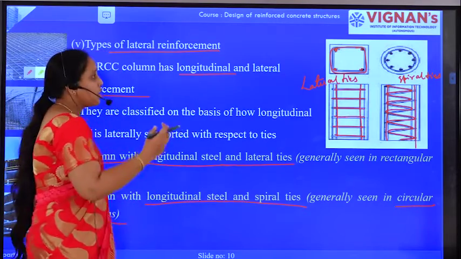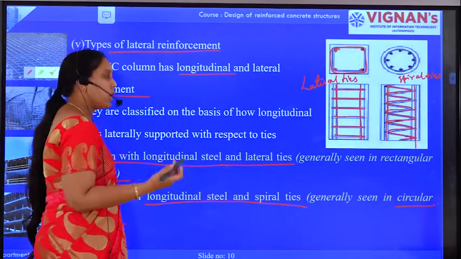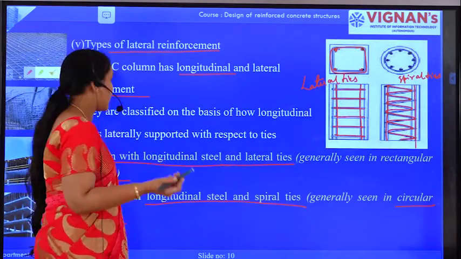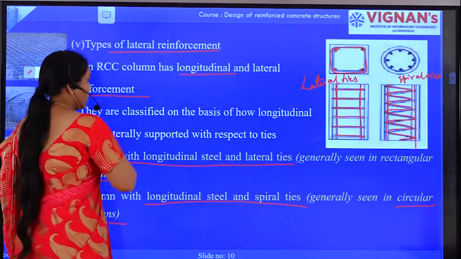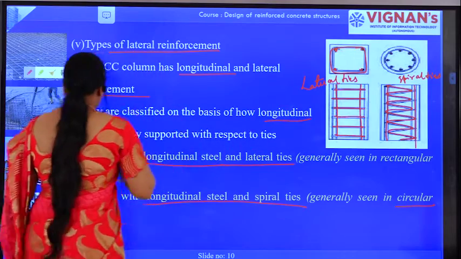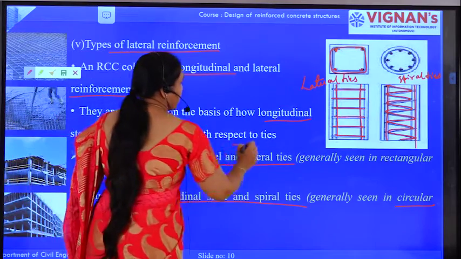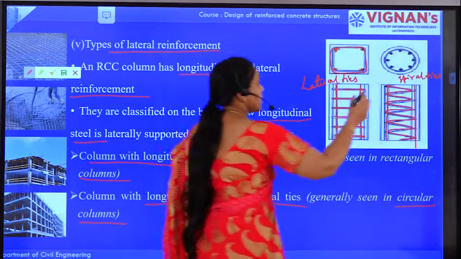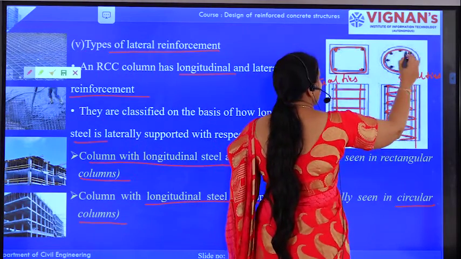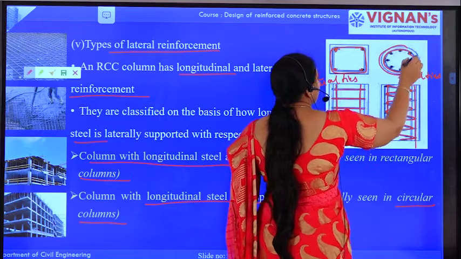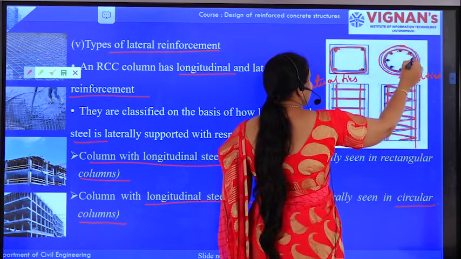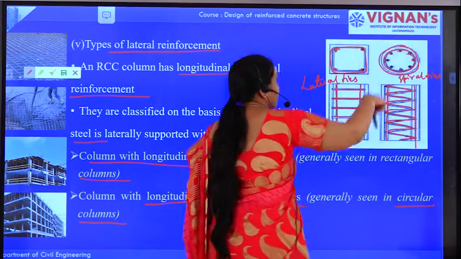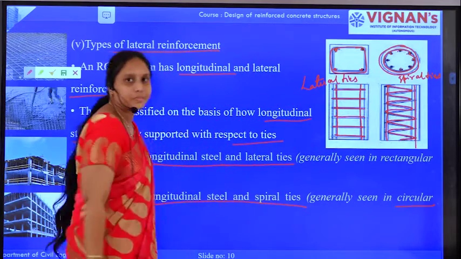So the columns are generally reinforced with longitudinal steel, and they are laterally supported with the lateral ties. This is the plan of the circular column. Here these are the longitudinal reinforcement if you see from the top.